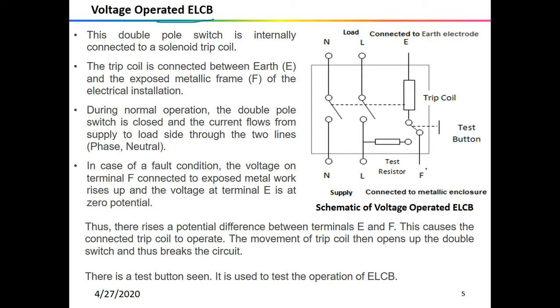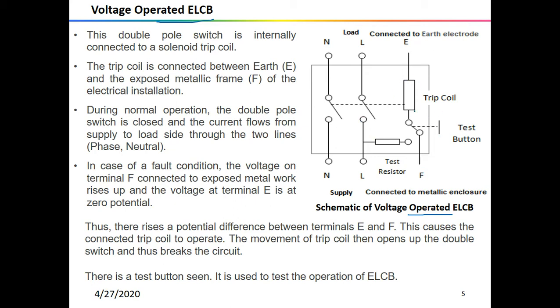This is the schematic working diagram of the voltage operated ELCB. It is shown here that the device consists of a double pole connecting the supply, so here it is neutral and line. This double pole switch is internally connected to a solenoid trip coil.